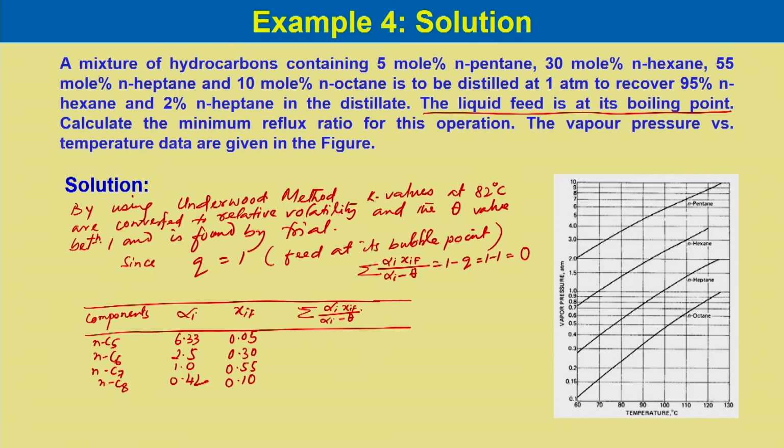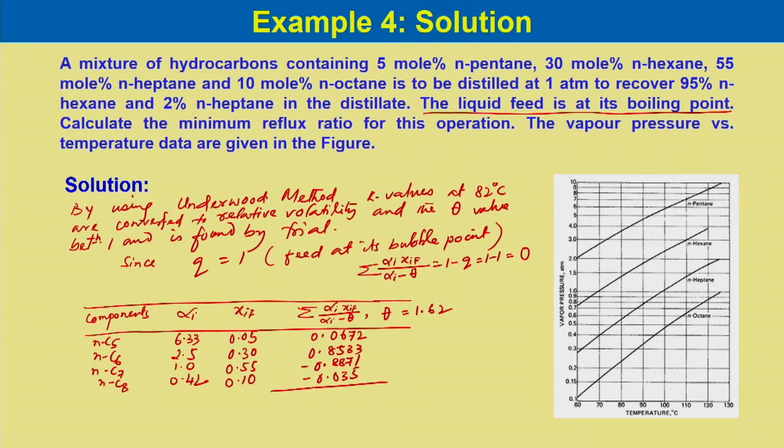So, by trial and error, if we consider theta is equal to 1.62, by several trials you could see that it would be 0.0672, this would be 0.8533, this would be minus 0.8871, and this would be 0.035.